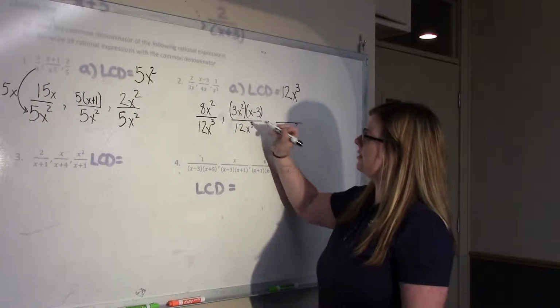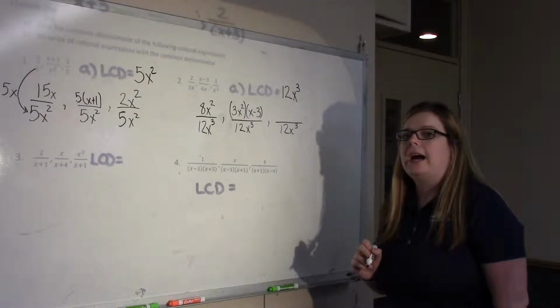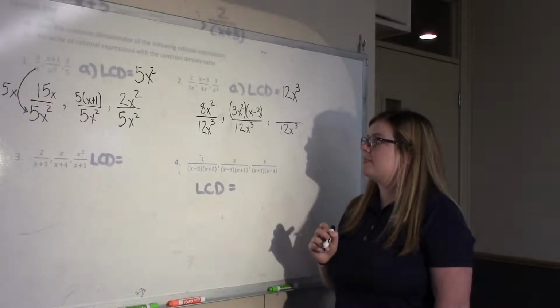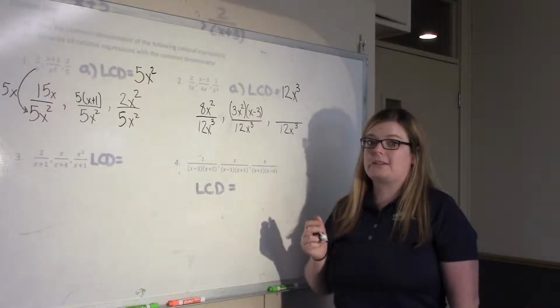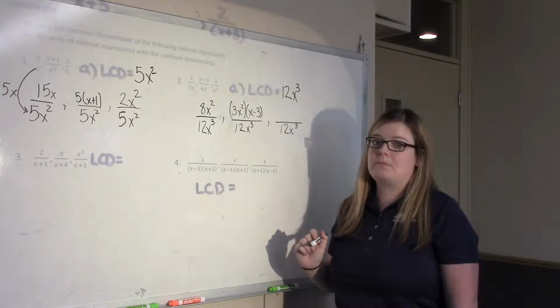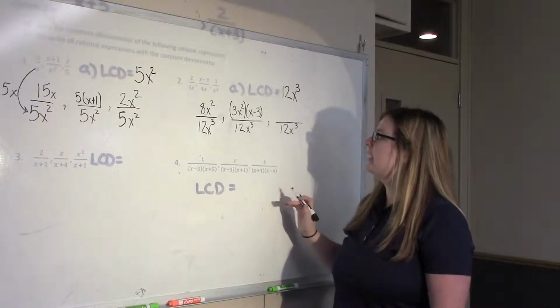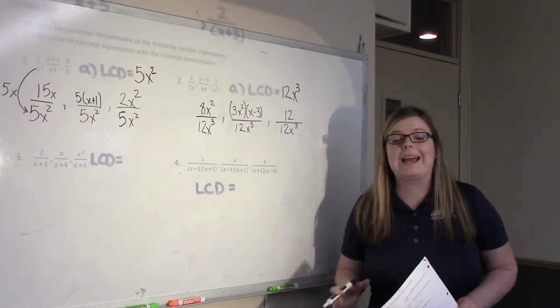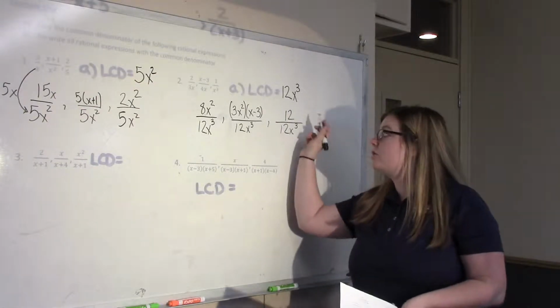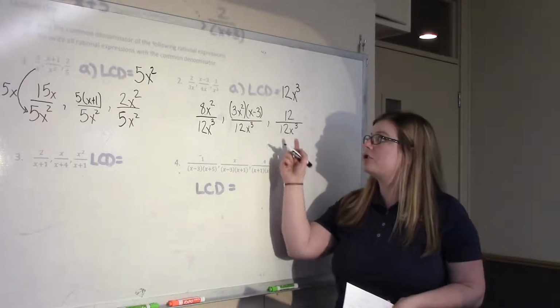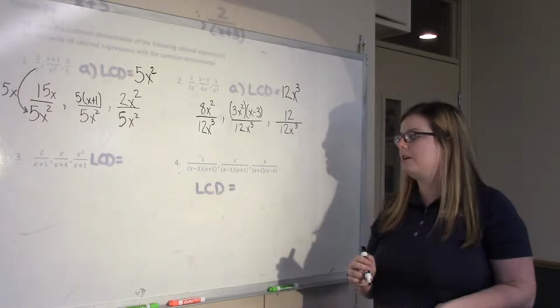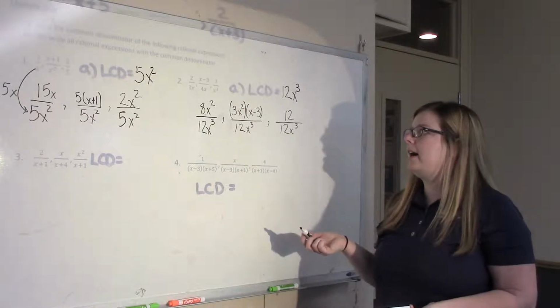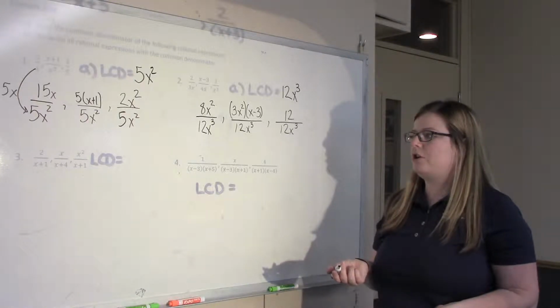I mean, you can put brackets around this too if you'd like, to show that all of that x plus 3 is multiplied by the 3x squared. Without that, you would be making a big error. And then here, this was multiplied by 12, so this just becomes a 12. Again, to make sure that you did this properly, just reduce the fractions and make sure you get back to the original ones.